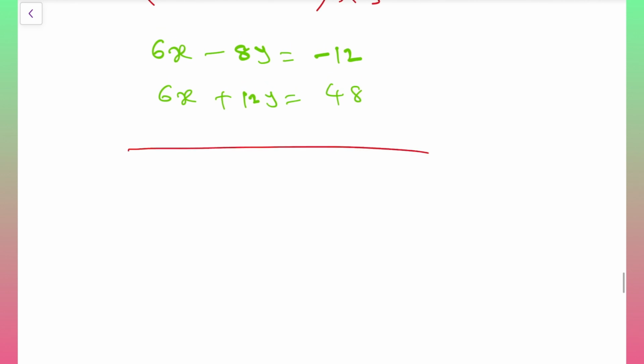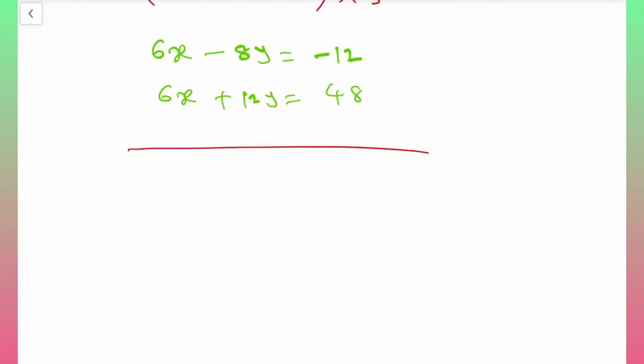Before going to the simplification, just observe the symbols. Here 6x is plus, and here 6x is plus. If both coefficients have the same symbol, that is plus plus or minus minus, then do subtraction. Just keep this in mind.